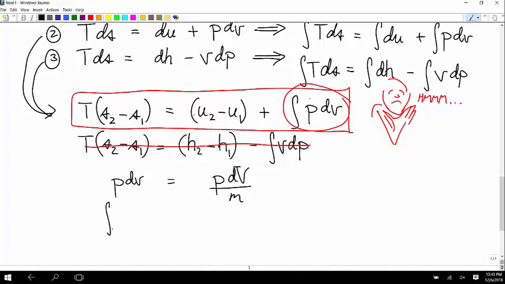So the integral of p d little v is equal to 1 over the mass times the integral of p d big V, and that is equal to W over m.